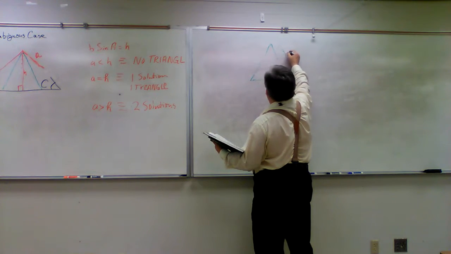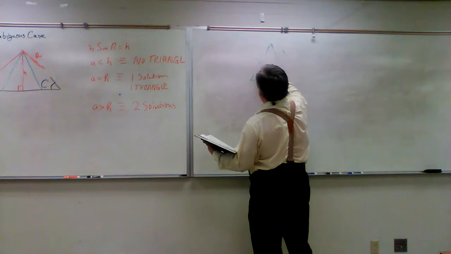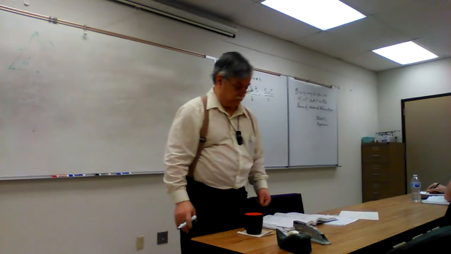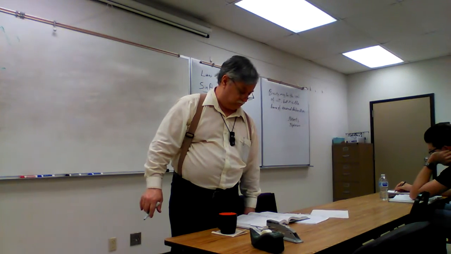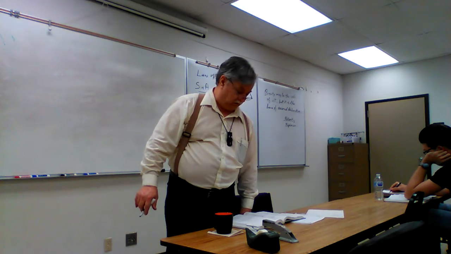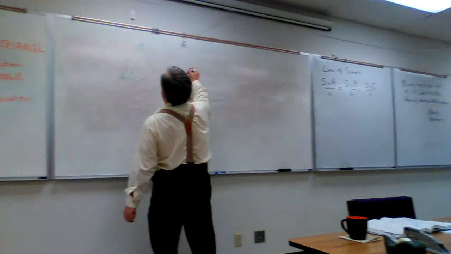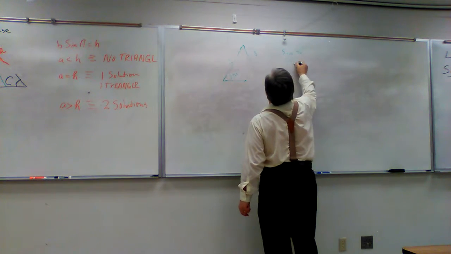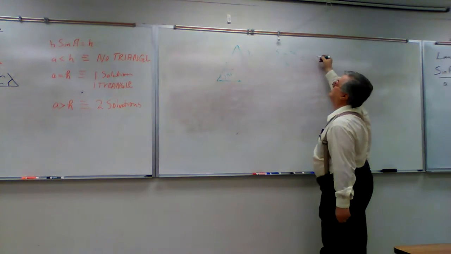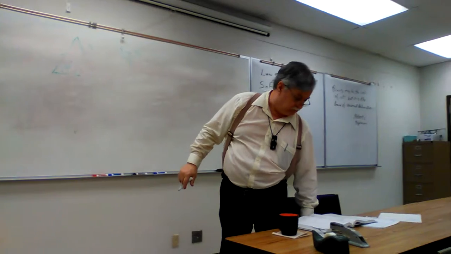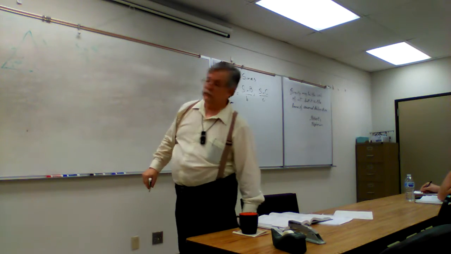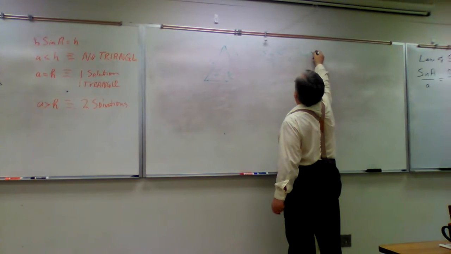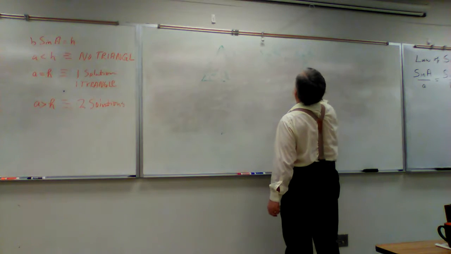Hold on. 3, 2, 40 degrees. So sine 40 over 3 would be equal to, and we're solving for this angle B, sine of B over 2.